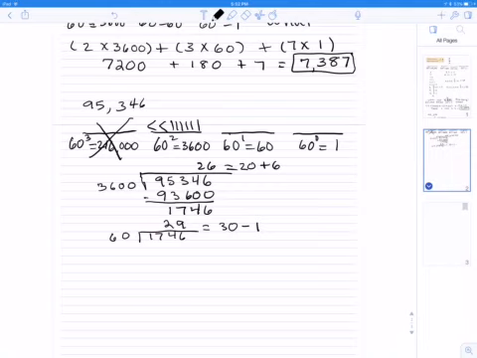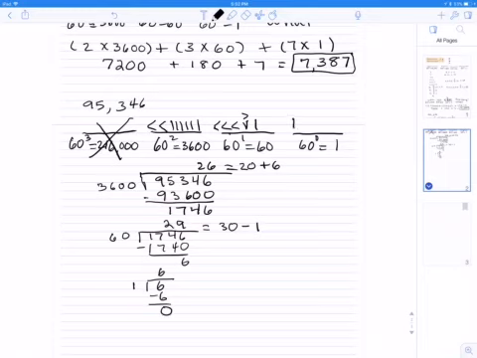So 10, 20, 30 minus 1. So 29 60s is 1740 with a remainder of 6. So I need to know how many ones are in what's left over. Well, 1 into 6 is just 6. So that's 1, 2, 3, 4, 5, 6. That's our Babylonian numeral.